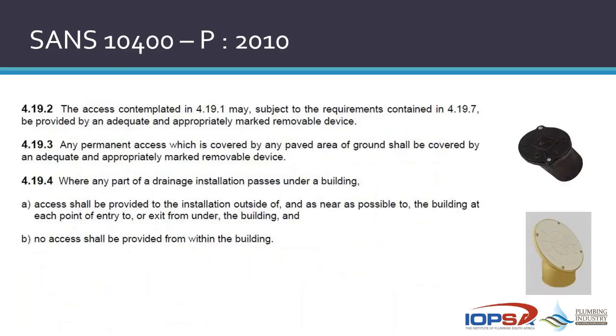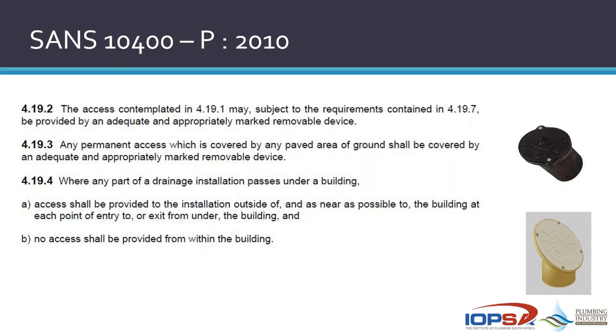The access contemplated in 419.1, which is the previous slide, subject to the requirements contained in 7, which is still on its way: any permanent access which is covered by a paved area or ground shall be covered by an adequate and appropriately marked removable device.